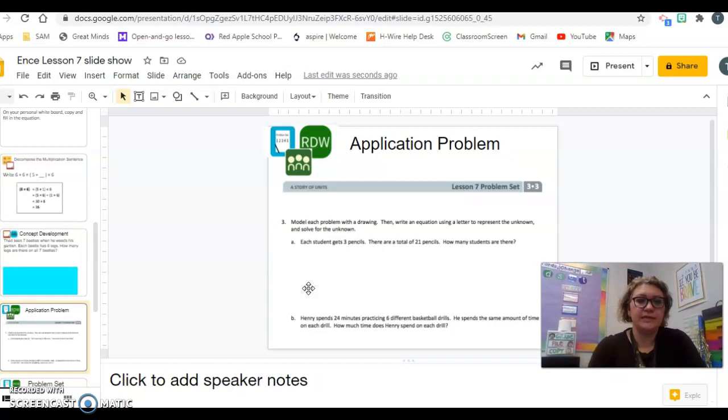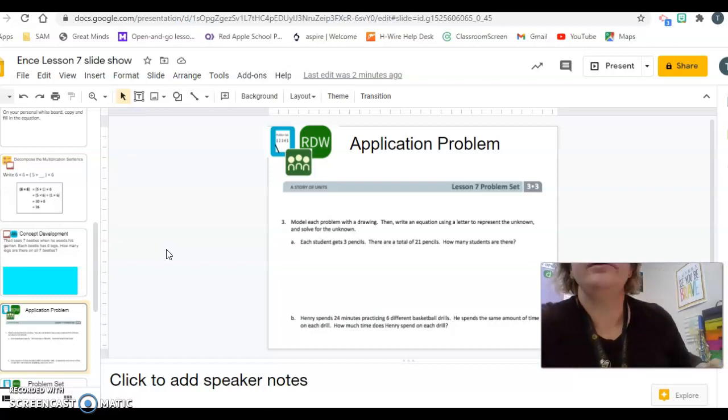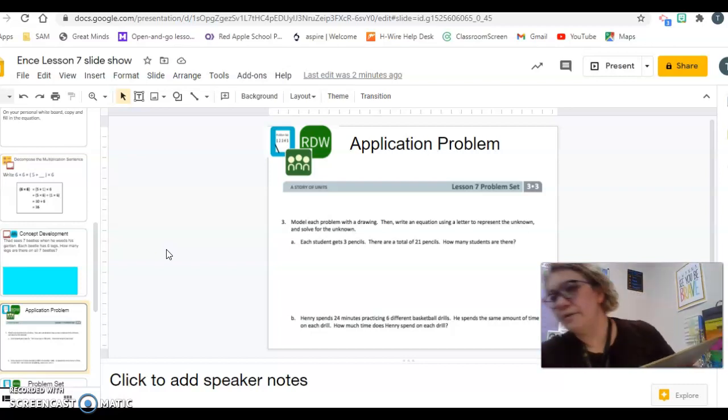Moving on to the next one. Okay. Our application problem says, if students get 3 sets of pencils, each student gets 3 pencils. There are 21 pencils. How many students are there? So we are going to go, hold on.